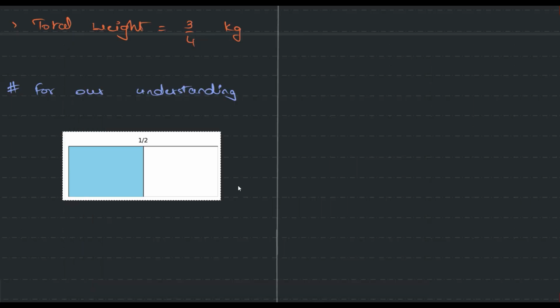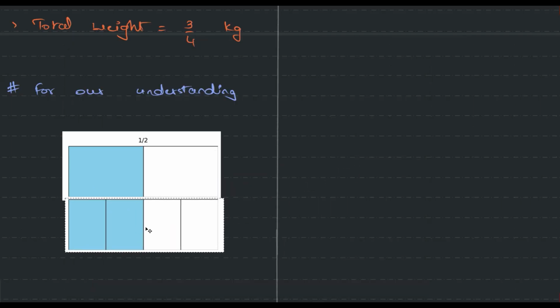Can be viewed as this as well. Can you see that? So this is what? This is 2 by 4 and this is 1 by 2.